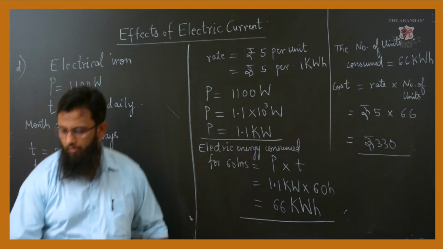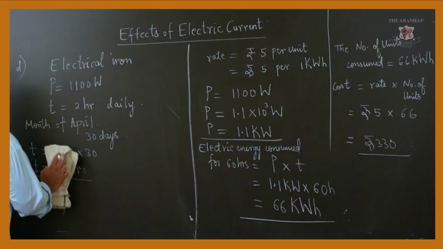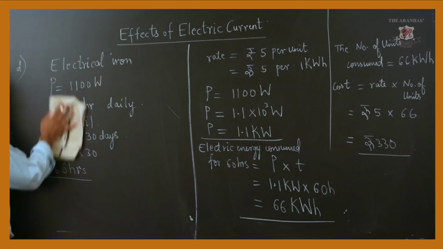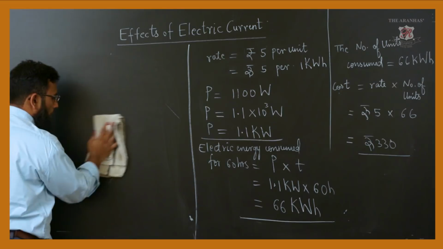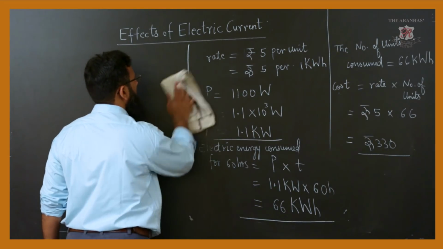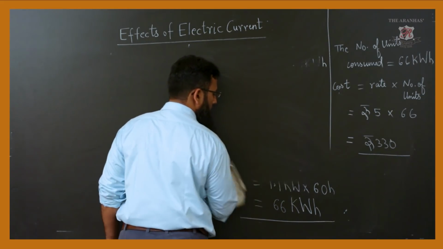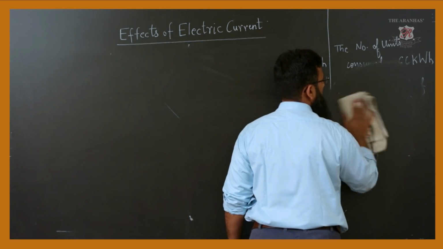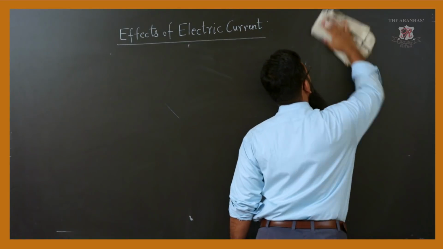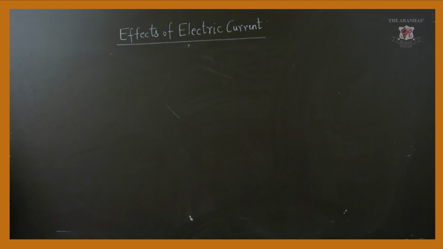Now further we are going to see in the next topic how to apply this heating effect in day-to-day life in case of electrical appliances, and what are the technical factors behind it.